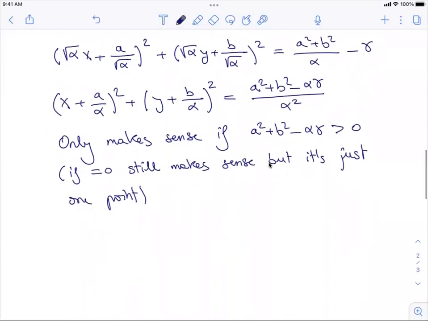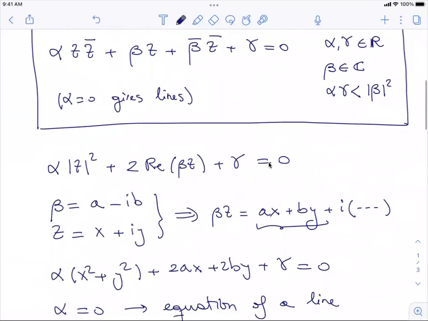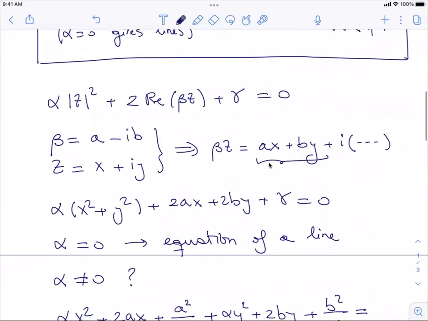Okay, so we find here this condition, and then we realize, oh, wait, what did we say before? We said that beta, where is beta? Beta. Here. Beta is a minus ib, right?